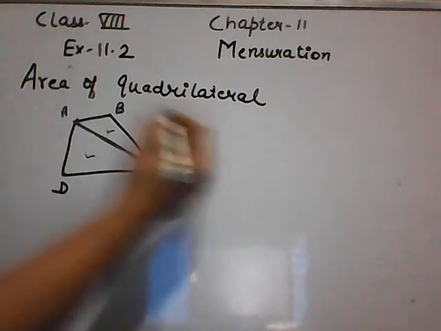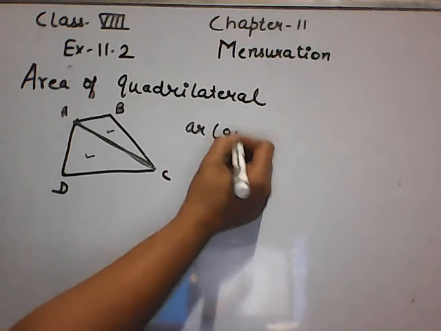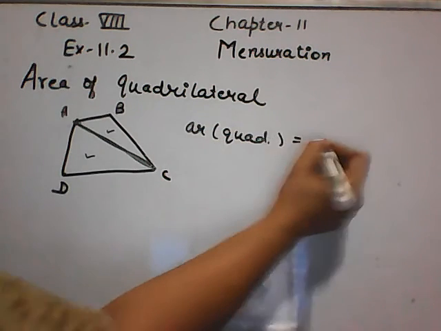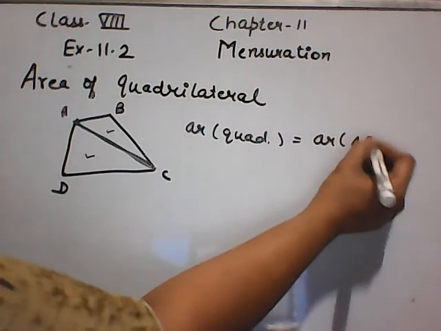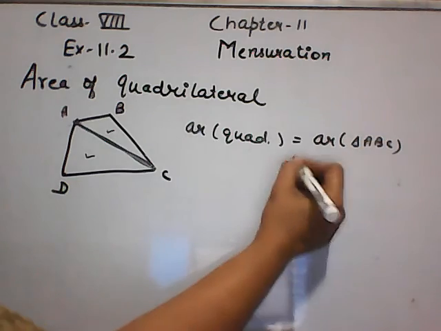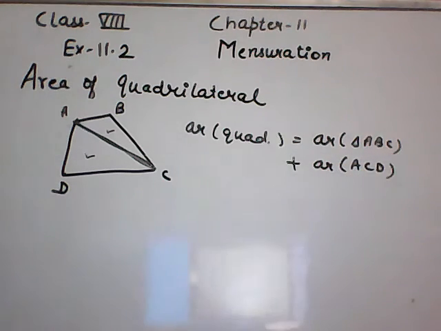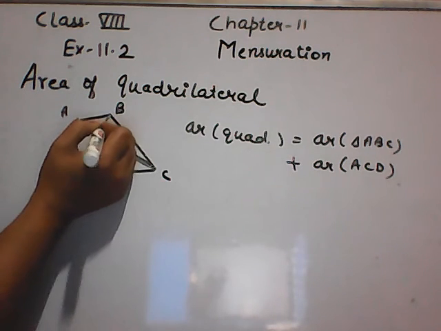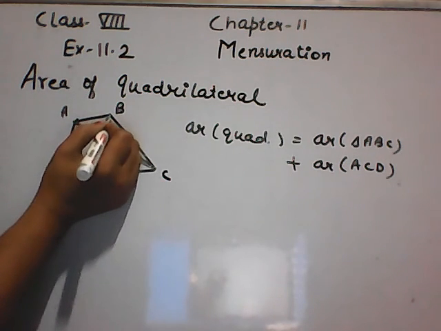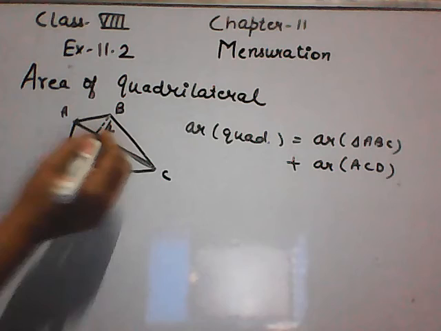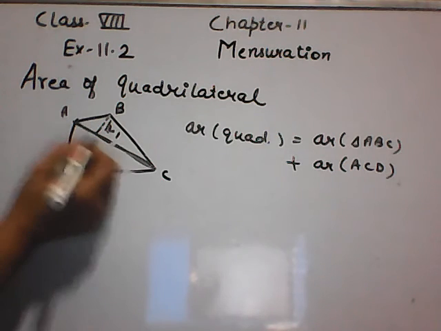Now the area of the quadrilateral will be the area of triangle ABC plus the area of triangle ACD. We know the formula for the area of a triangle is 1 by 2 multiplied by base multiplied by height. Suppose there is a height h1 on the base AC.